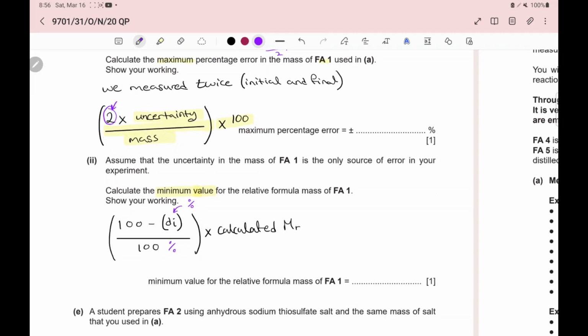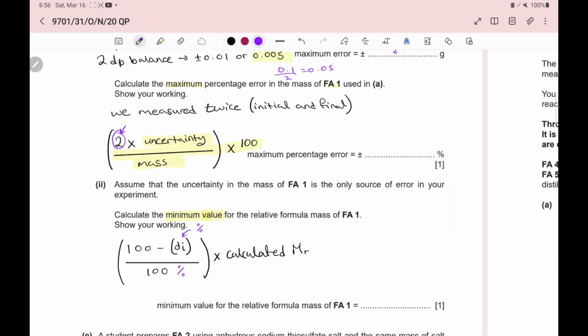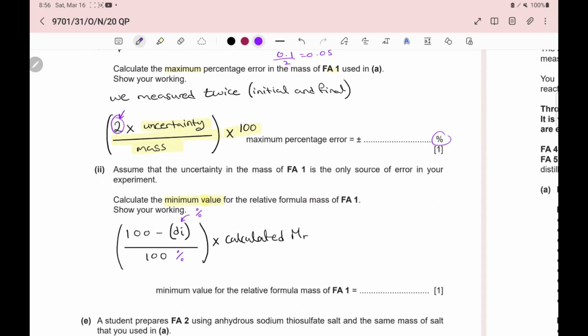So assume that the uncertainty in the mass of FA1 is the only source of error in your experiment. Calculate the minimum value for the relative formula mass of FA1, showing your working. So remember, the percentage error is in percentage, and we want to find the minimum value, right? If we have an error of, for example, 2%, that means the actual Mr is about 98% correct.